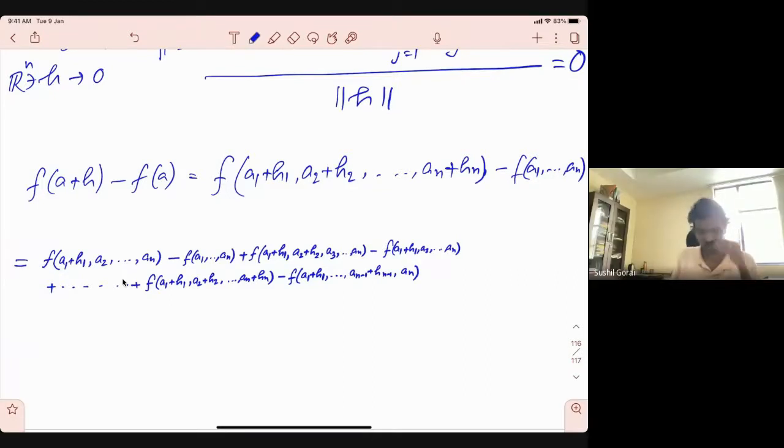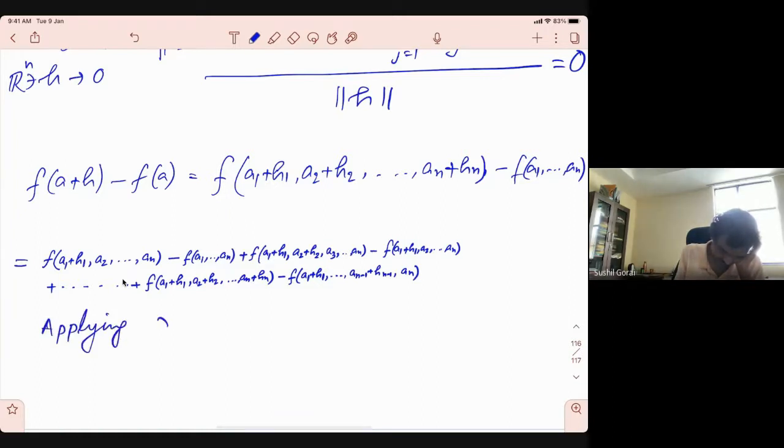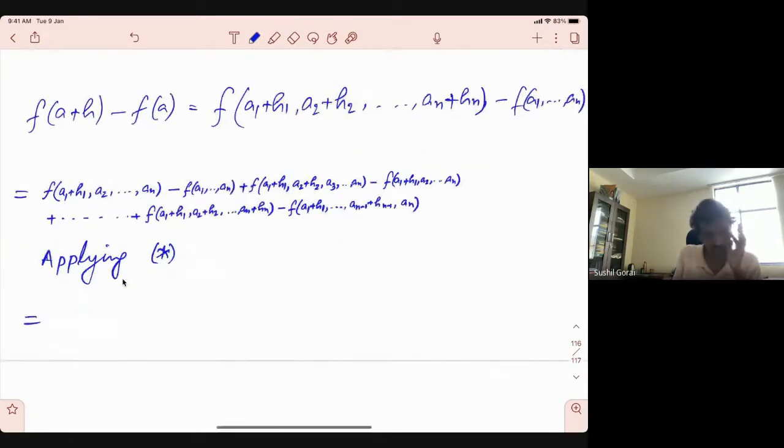Okay, so this is addition and subtraction. And what is the point? The point is to use the mean value theorem. So applying that, the first term will be: there exist points Cj.